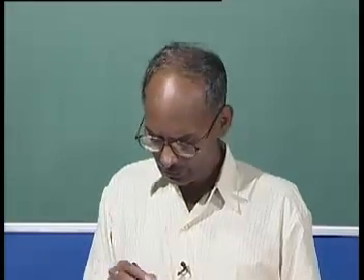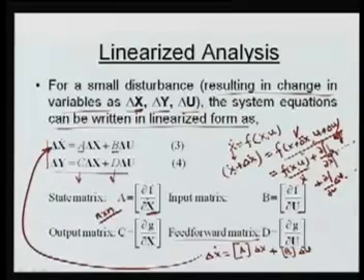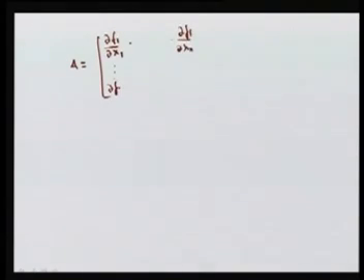Here I want to show this matrix A and matrix B, as I have already written. This A matrix is, let's suppose we have different functions, so it is del f1 over del x1 to del f1 over del xn, down to del fn over del x1 to del fn over del xn.